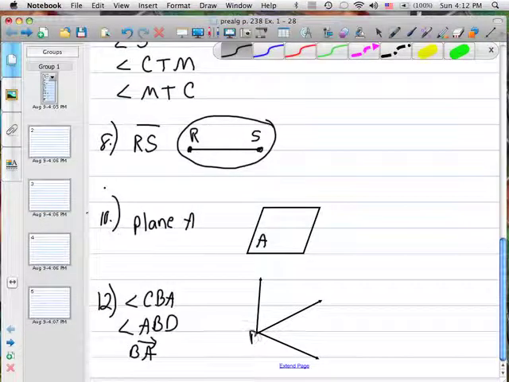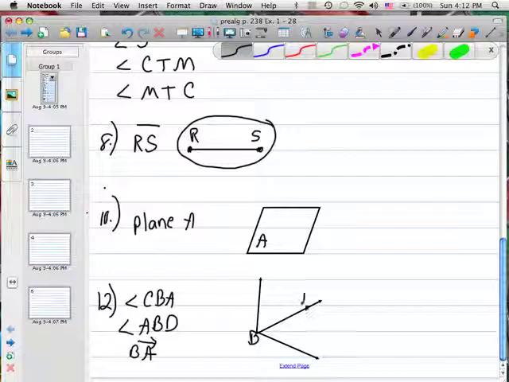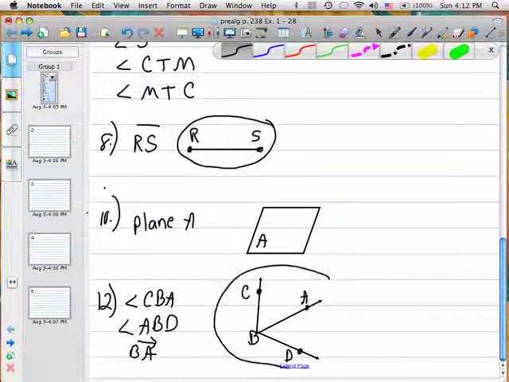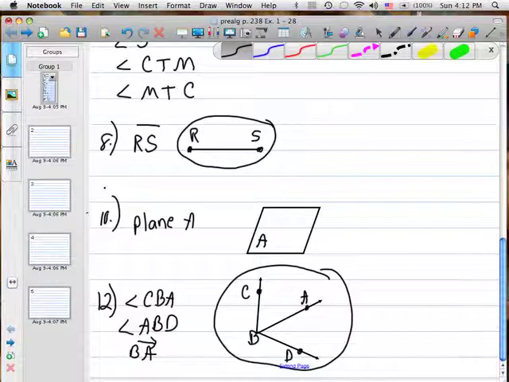So ray BA, this is B and this is A, that's the common side. And we have angle CBA, so we can put the C here, and we have angle ABD, and D could be here, and there's our answer. Common ray is BA.